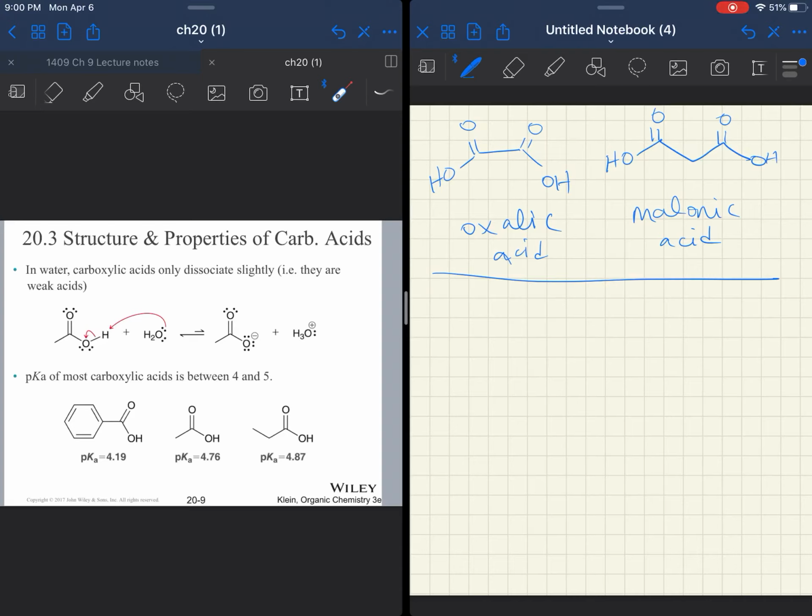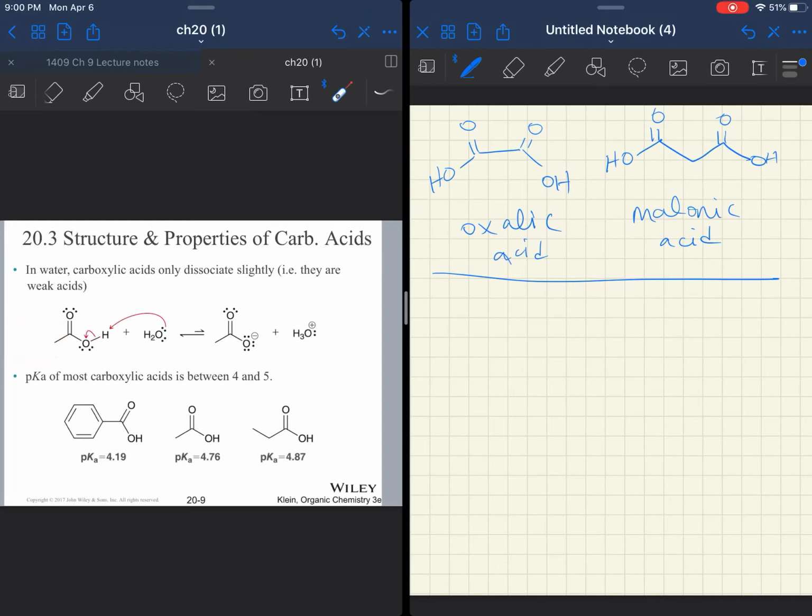Now, choosing the appropriate base to deprotonate is important. We know that these carboxylic acids are actually weak acids, meaning that they do dissociate in water. It's just most of them will be in their neutral form.